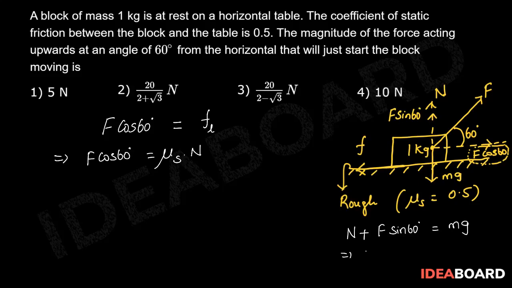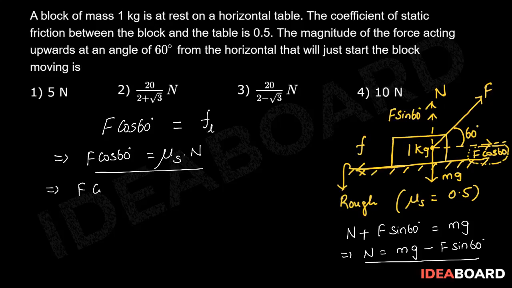So we can write N equals mg minus F sin 60 degrees. So substituting the value of N in this equation, we get F cos 60 degrees equal to mu s times (mg minus F sin 60 degrees).